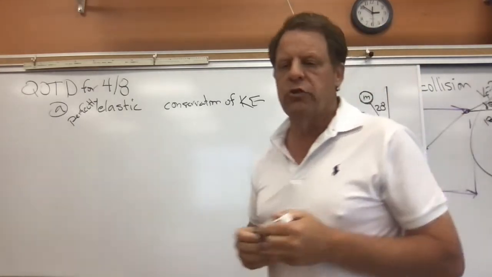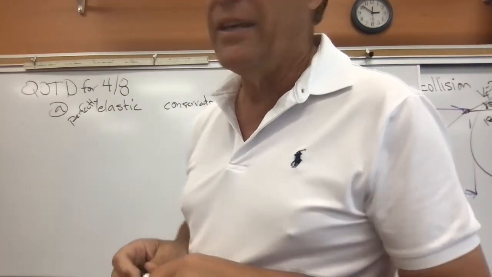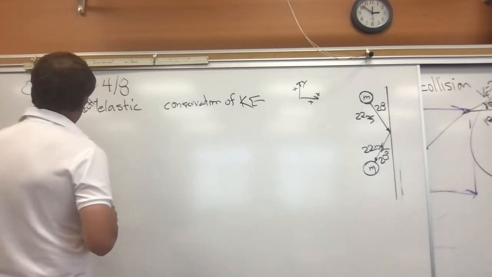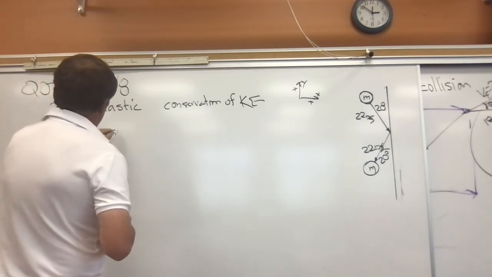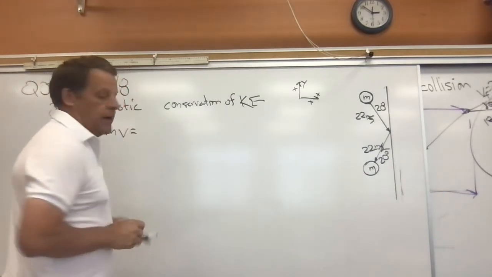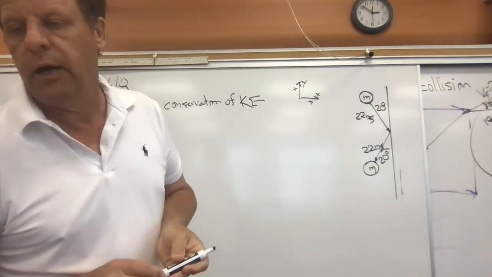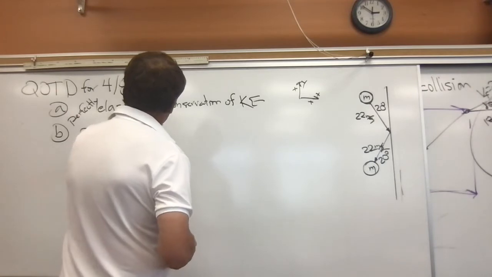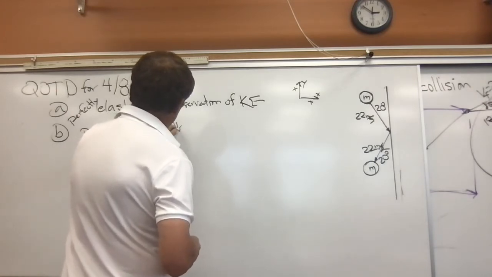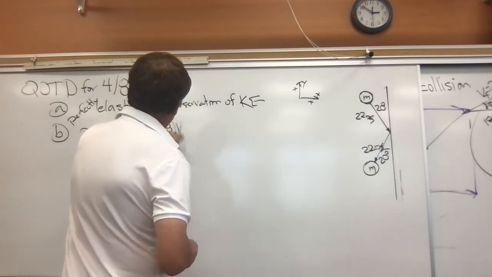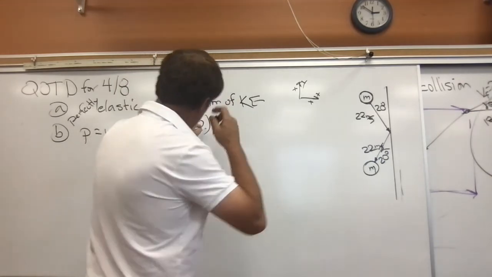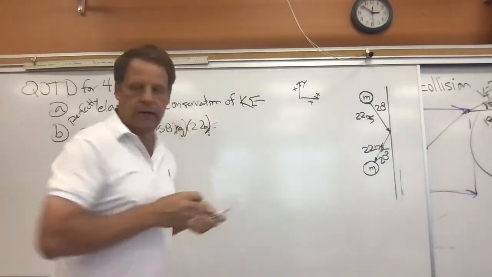Question B asks: what is the initial momentum of the ball? The initial momentum is just mass times velocity. The mass of our ball is 58 grams, 0.058 kilograms, times 22 meters per second.